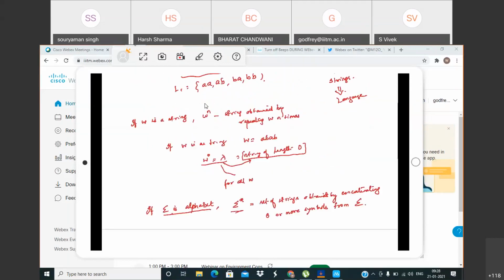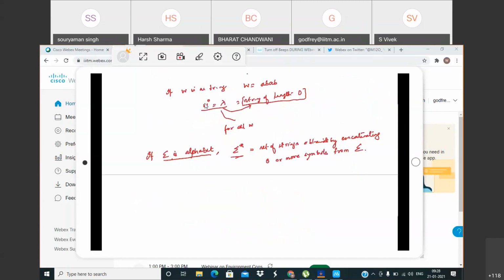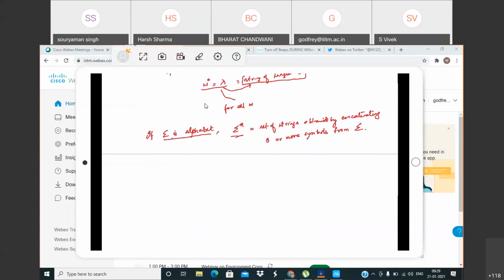The set of all strings from this alphabet can be denoted by sigma star, because first of all, this is going to be an infinite set. It gives you the set of all the strings obtained by concatenating 0 or more symbols from sigma. Concatenating zero symbols means it contains the string of length zero also.